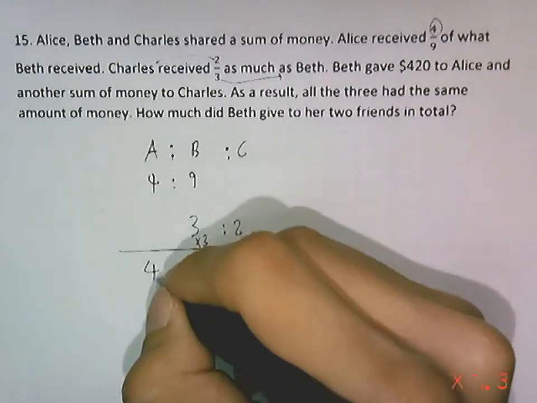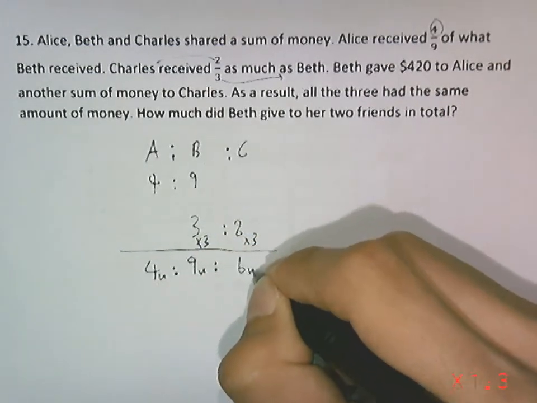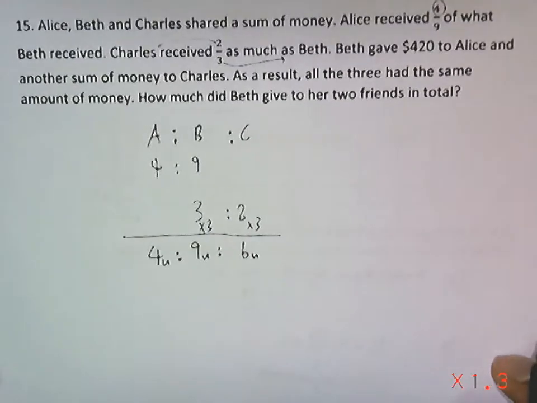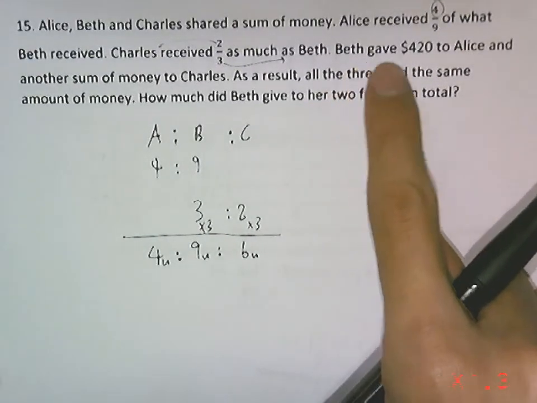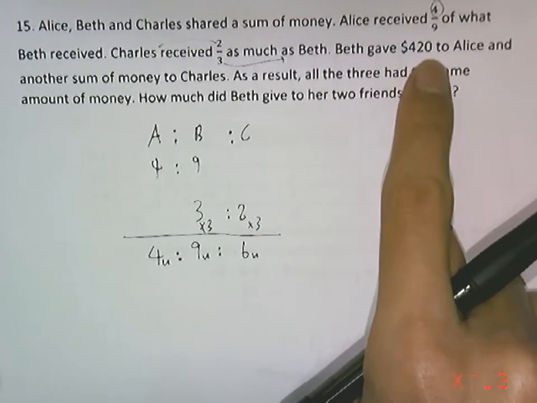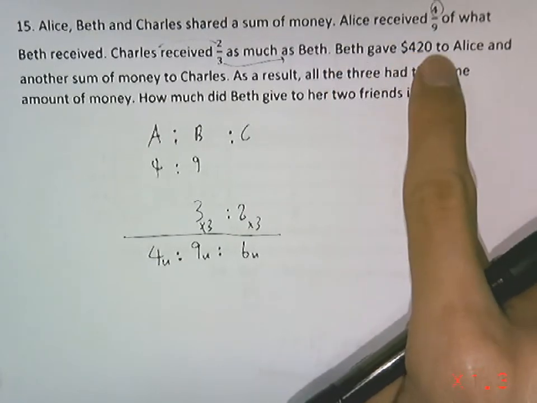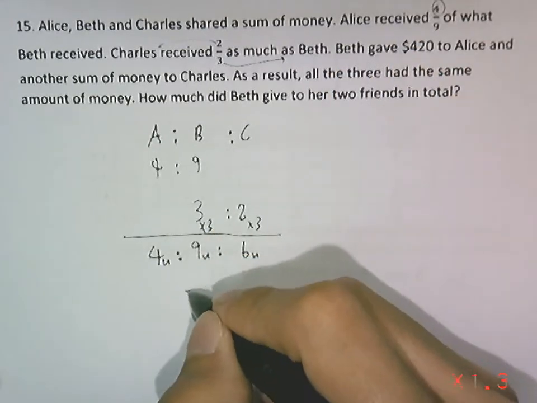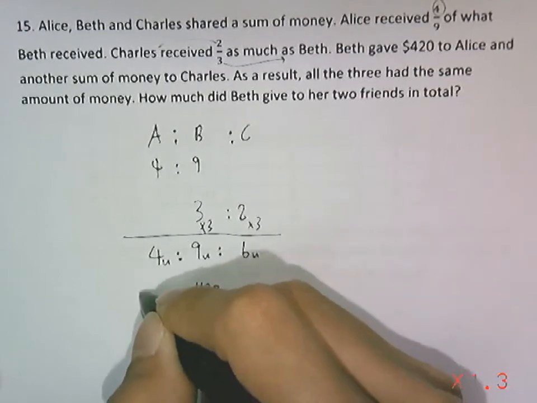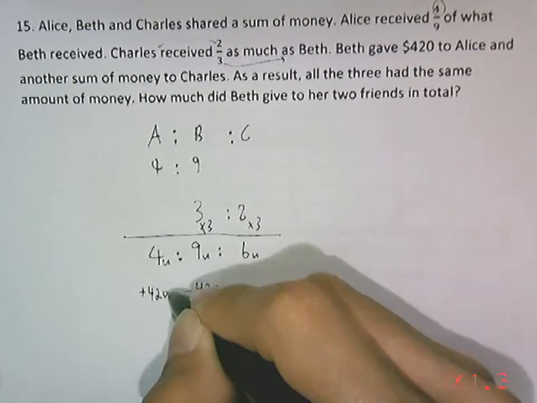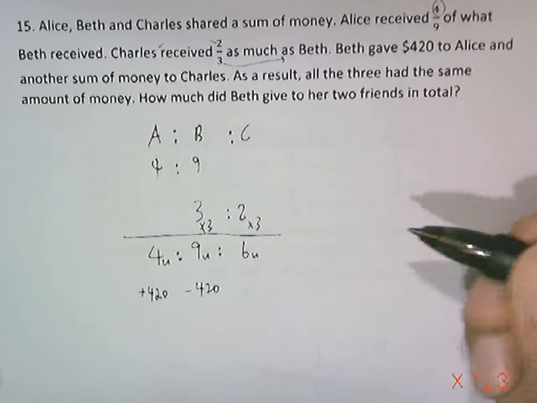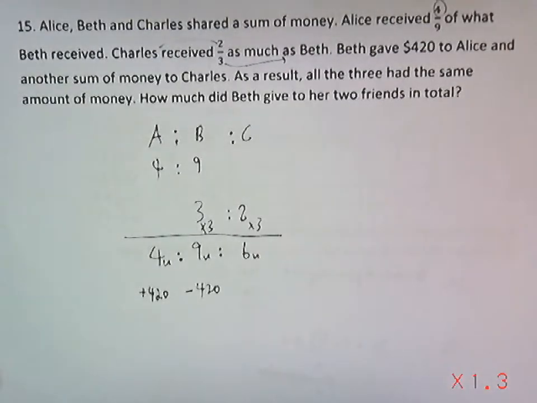I'm going to keep this in units, because I noticed that everything else is just transferred between the three of them. Beth gave $420 to Alice. So Alice adds 420 or Beth subtracts 420.